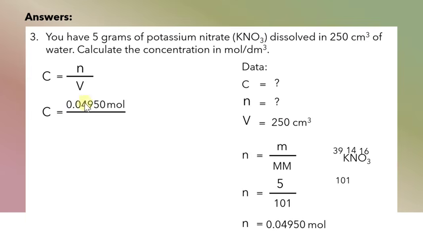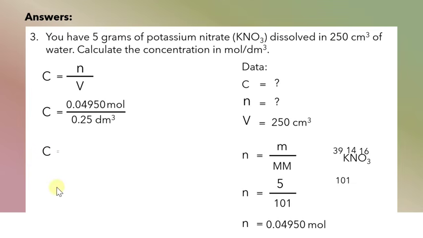Yeah. So now here volume, convert it into cubic decimeter by dividing this by 1000, which I explained in detail in the online lessons, how to do that. So you have 0.25 cubic decimeter when you divide this.